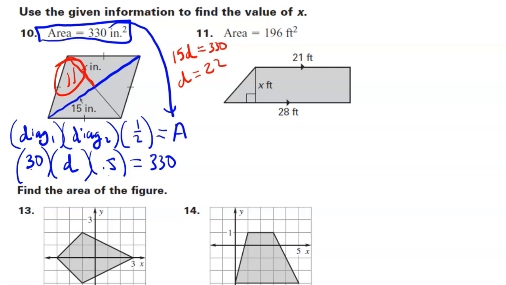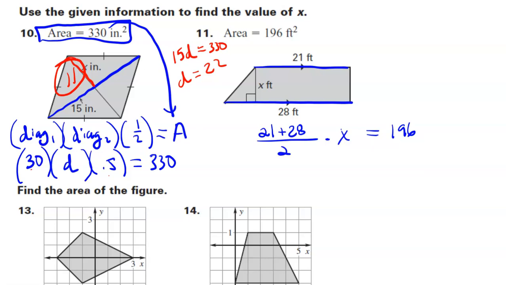All right, let's do this number 11 over here. I have base 1. I have base 2. So I'm going to go base 1 plus base 2, all chopped in half, times the height, which we don't know, comes out to be 196. Well, I can kind of clean up this first part right here.